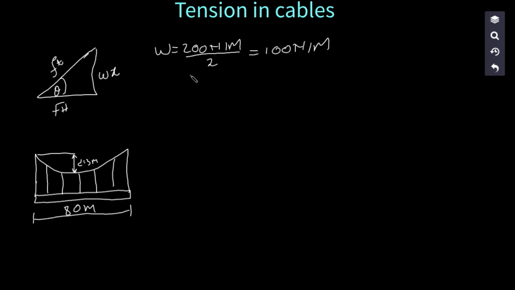I'm going to repeat, because we are having two cables, each cable is going to take half of the load that is given to us, and because we are doing calculations based on one cable, we are only going to use 100 Newton per meter, which is half of the load that is given to us, and this 100 Newton per meter is what will be taken by the one cable that we are dealing with.